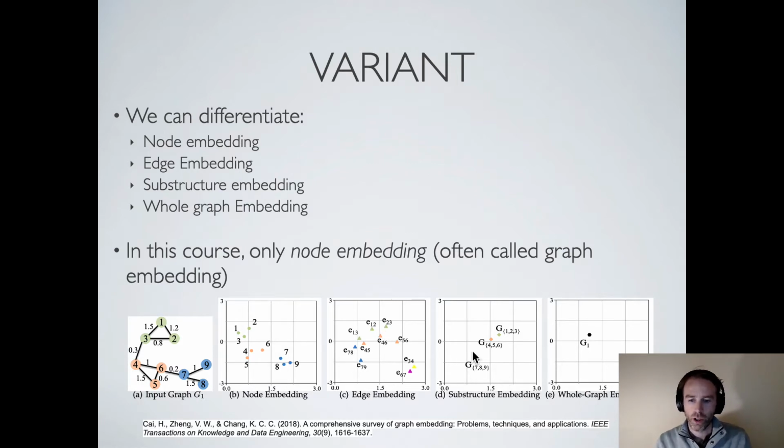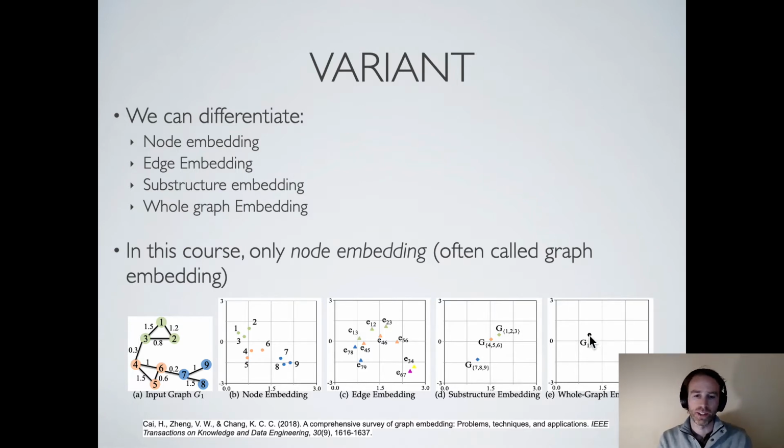In substructure embedding, I will embed, for instance, communities. You see that there are green, orange, and blue communities, and each of these communities will correspond to one dot in my embedding space. And finally, if I do whole graph embedding, then each unique graph becomes one dot in my embedding space.